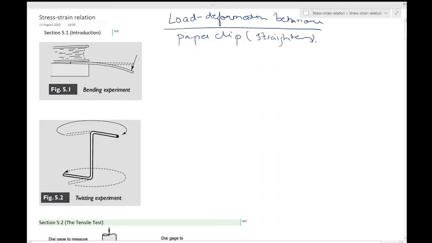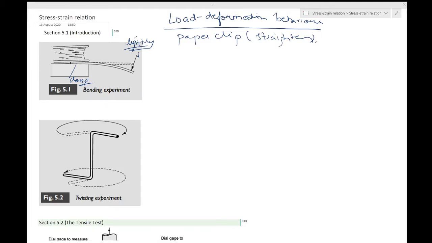So this is clamped, in the sense this is fixed. You have fixed it with a heavy book, and what you do now is you press on it lightly, okay, at the edge. Lightly is an important word, okay, as light as you can be, and still be observing some deformation.